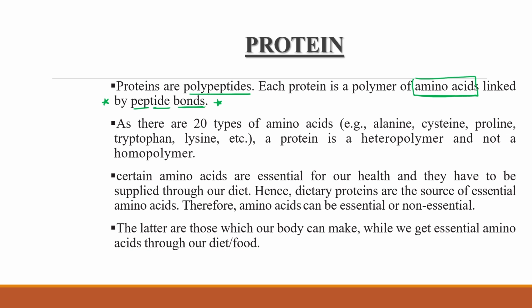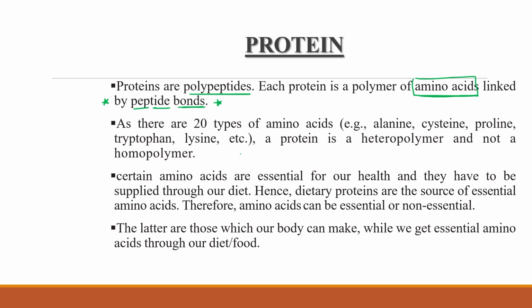As in the case of polysaccharides, when two monomer units combine together, what is that bond? That is a glycosidic bond in the case of polysaccharides. But here, if two amino acids combine together and form a bond, this type of bond is known as a peptide bond. There are 20 types of amino acids, for example alanine, cysteine, proline, tryptophan, lysine.